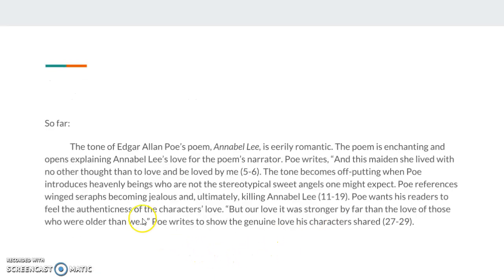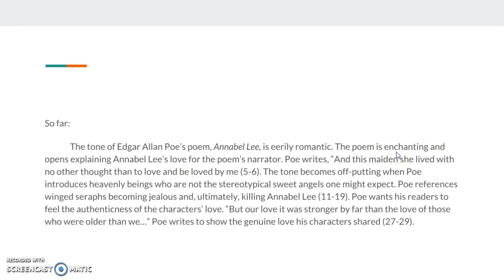So far we have: the tone of Edgar Allan Poe's poem, Annabel Lee, is eerily romantic. That's my number one sentence. The poem is enchanting. I looked up romantic, and it's hard to find a word that means romantic.